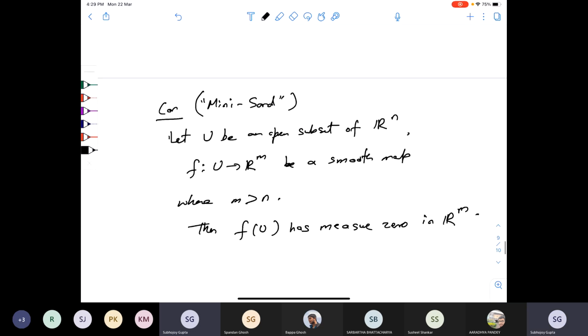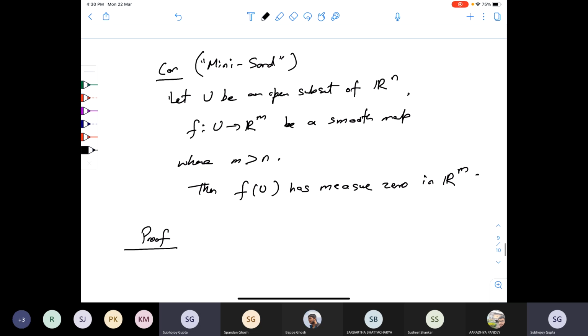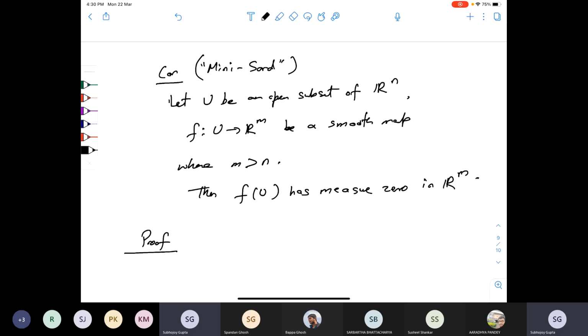So what's the proof of this? By the way, this is also a corollary of Sard's theorem, but we haven't proven Sard's theorem, and I won't prove that because all that we will need is this corollary of it, this Mini-Sard theorem.